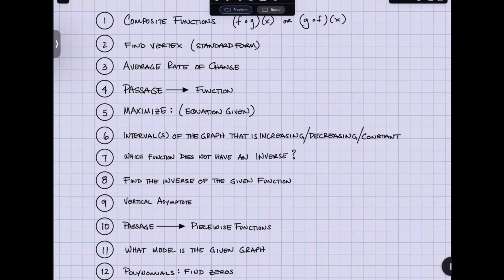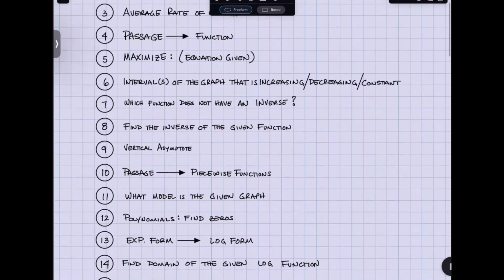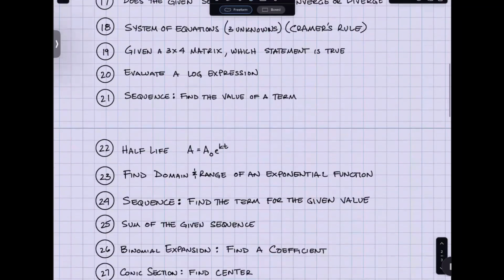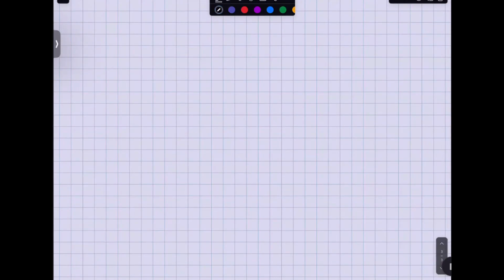Sure. Okay. 6B, number 2. Okay, and it's asking you to find all the rational zeros, and then use it to find the other zeros.